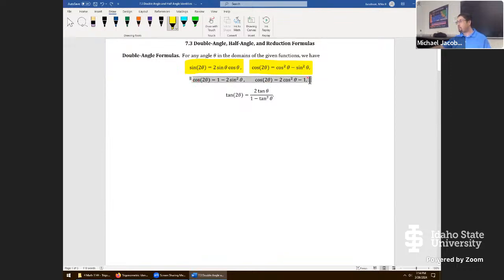And it makes us wonder what's going on with those two. Those two are just as valid as double angle identities, but we would pretty much only use these two because they're useful to prove an identity. So if we have an identity that requires us to eliminate cosines, then we can make that happen by using this one.